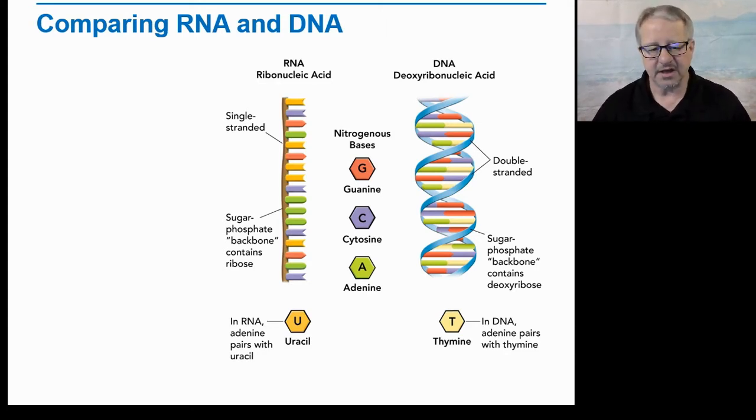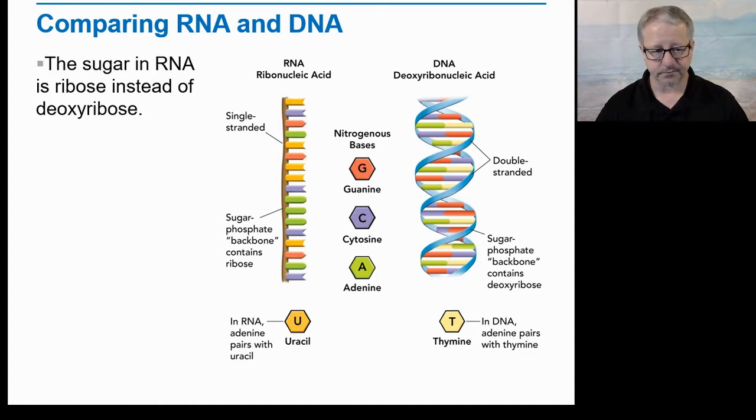The first difference is that the sugar is really the distinction when it comes to the abbreviations of DNA and RNA. Okay, so in RNA, the sugar is actually a ribose instead of a deoxyribose.